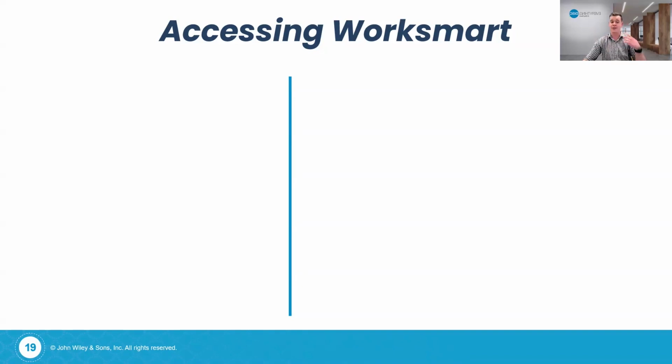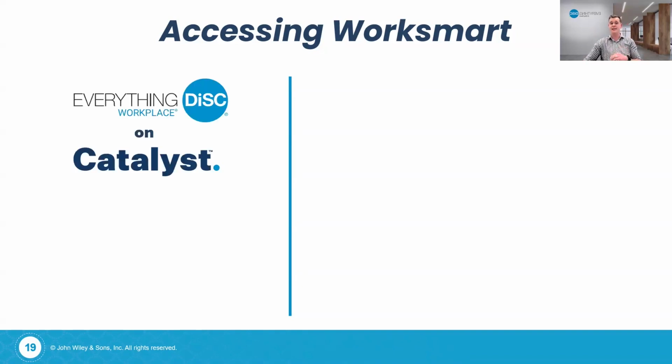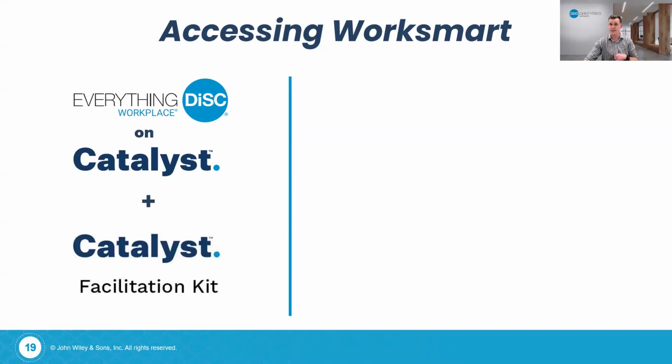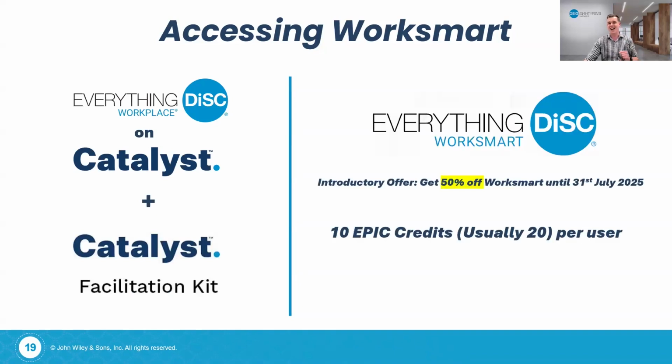So for those that are interested in accessing WorkSmart, if you have a workplace on Catalyst profile, and you have access to the Catalyst facilitation kit materials, you can then access everything DISC on WorkSmart, or the WorkSmart on Catalyst, at 50% off. So a significant discount up until the end of July, 31st of July 2025. It's 10 Epic credits per user to unlock those WorkSmart materials.